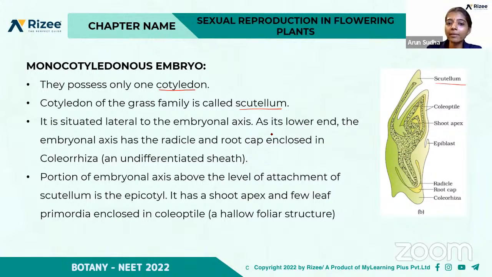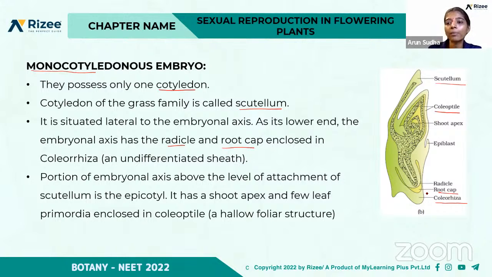And the lower end of the embryonal axis has a radicle and the root cap. But particularly in the case of monocots, they are enclosed in the coleorhiza. So this is the radicle and this is the root cap, and they are covered by an undifferentiated sheath which is called the coleorhiza. And the portion of the embryonal axis which is above the level of attachment is called the epicotyl, and it is enclosed in the coleoptile.